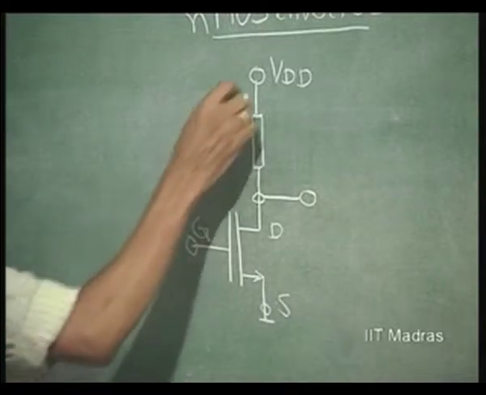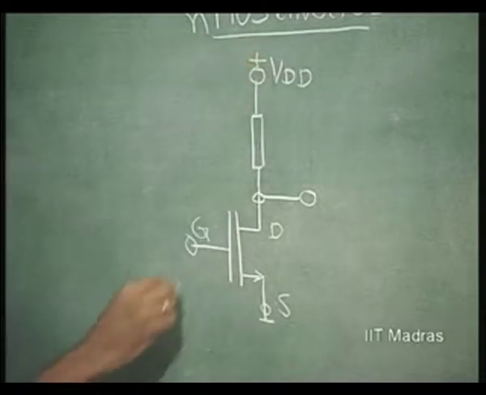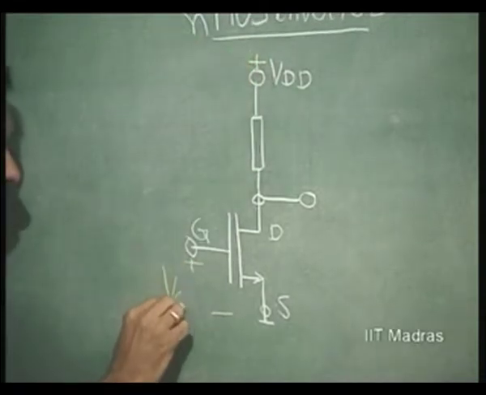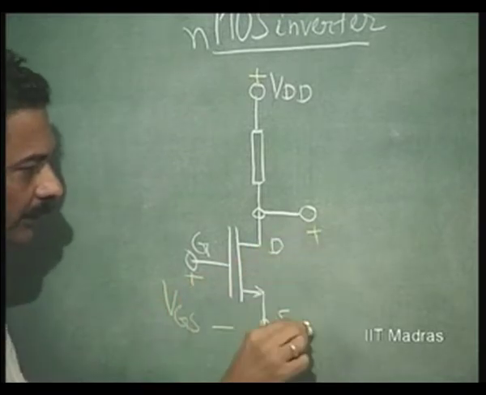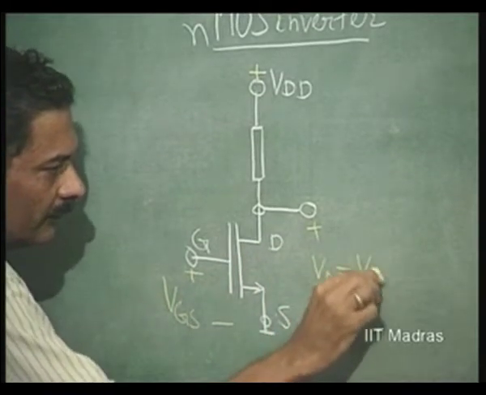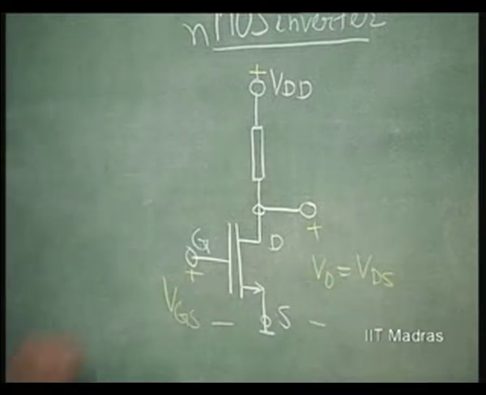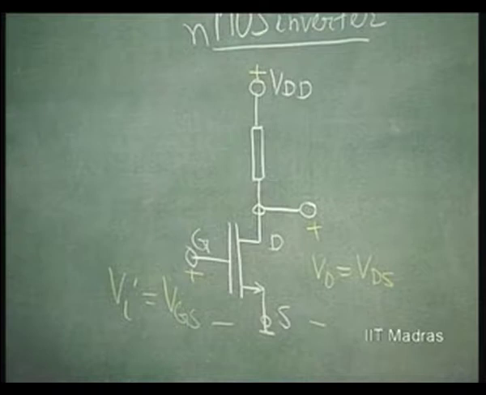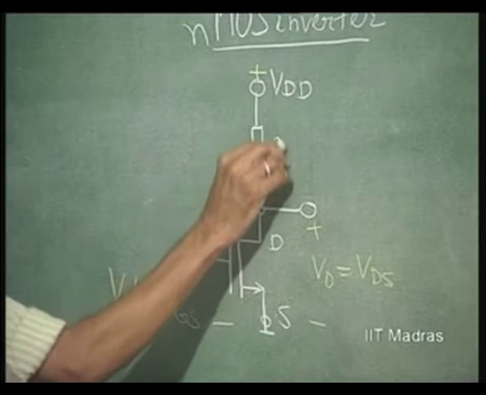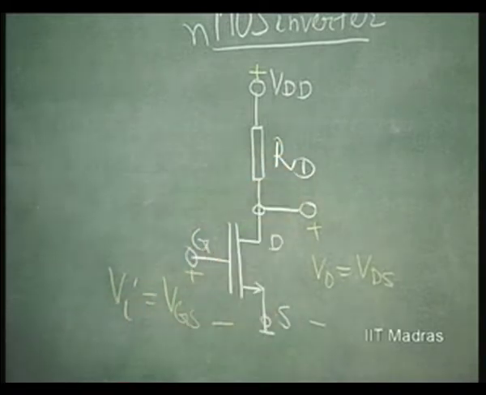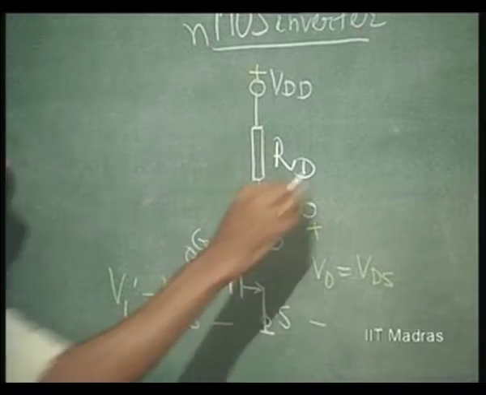We have this as, let us say, positive, and here we are applying VGS, and this is the output voltage which is equal to VDS. Vi equal to VGS is the input voltage, Vo equal to VDS is the output voltage. Now, call this resistance RD. We would like to now know about the transfer characteristic.